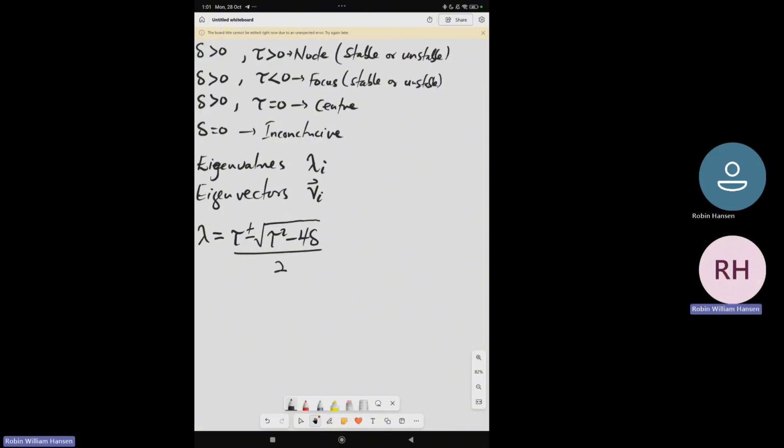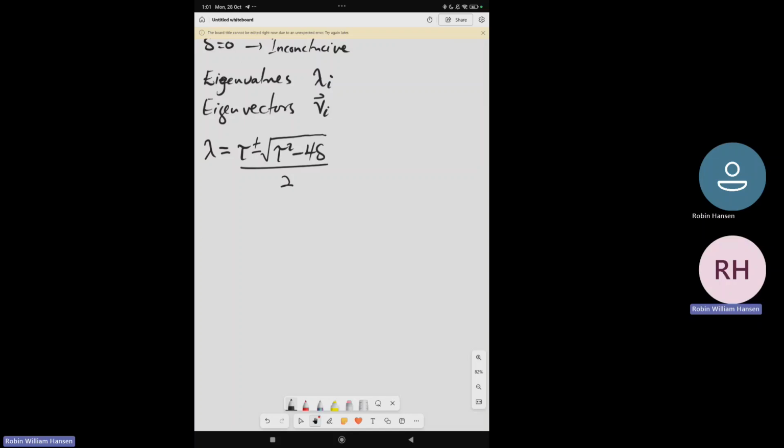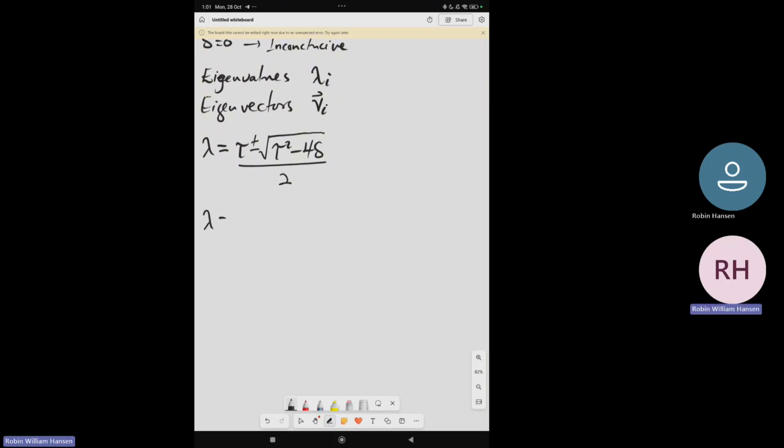I said that when you have your delta to be 0, we cannot conclude on the behavior of the system. Now, look here. Let's assume delta is 0, so we have our lambda equal to tau plus or minus the square root of tau squared, because delta is 0, divided by 2, which would then give us tau plus or minus tau over 2.